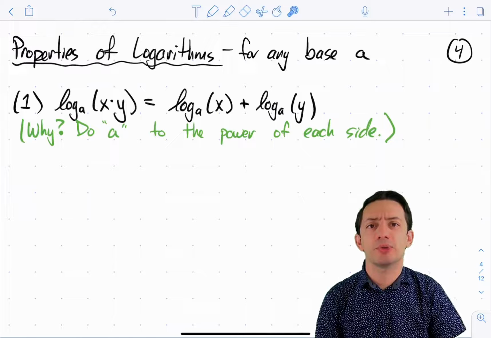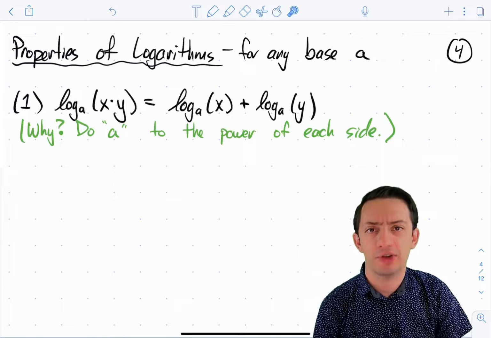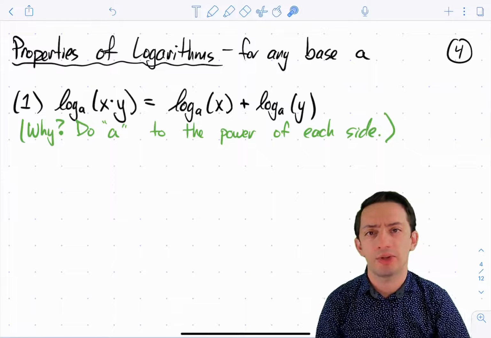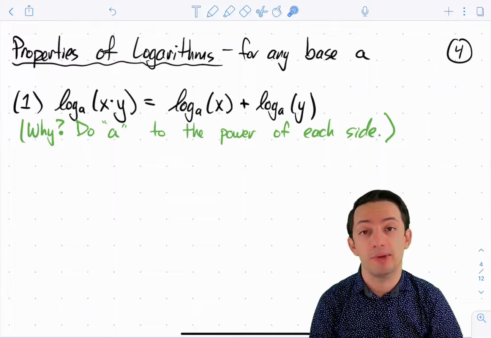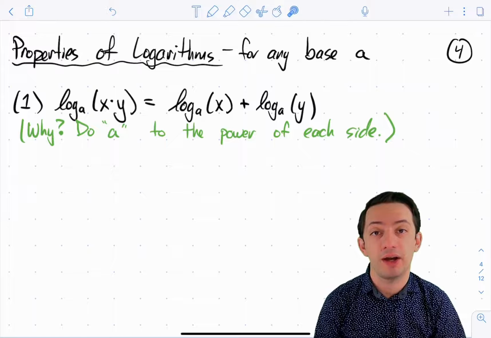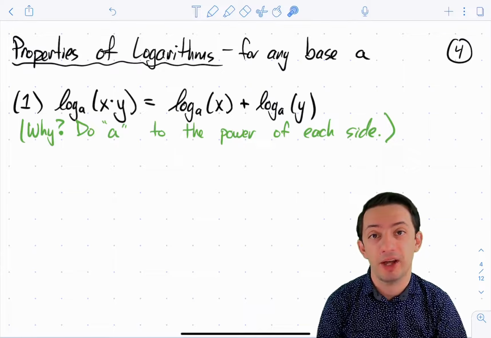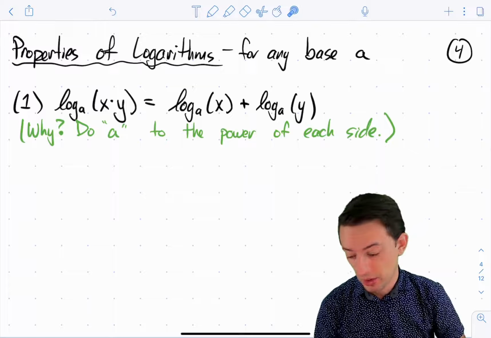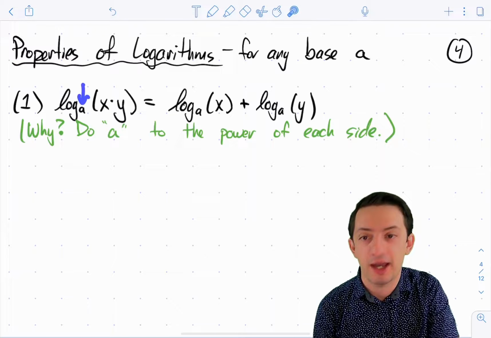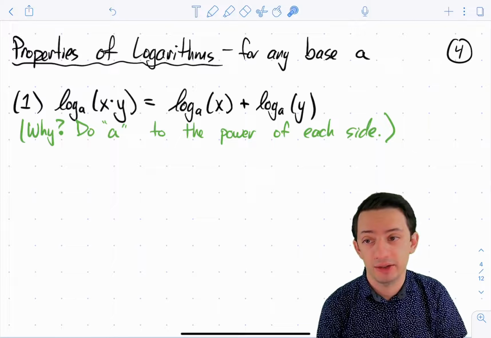So we'll talk now about some properties of logarithmic functions. These are very much analogous to the properties of exponential functions that you might remember from pre-calculus. And these properties will simplify symbolic expressions and make a lot of our calculations easier down the road. So the first one says that if you have the log, this is for any base a, so you can kind of ignore the base.